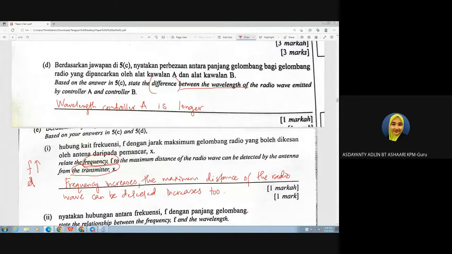The bigger the frequency, the longer the maximum distance of the radio wave can be detected by the antenna from the transmitter X. It is long to copy, so you can write it short.